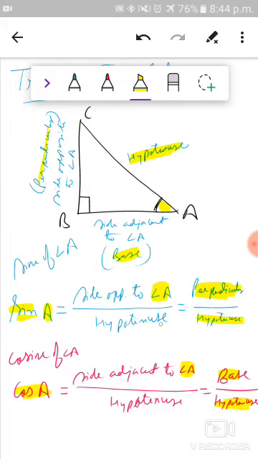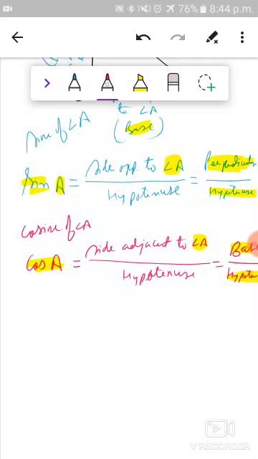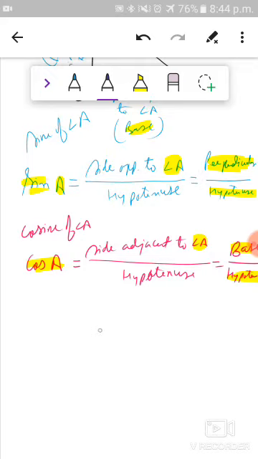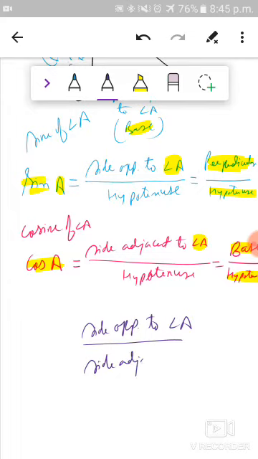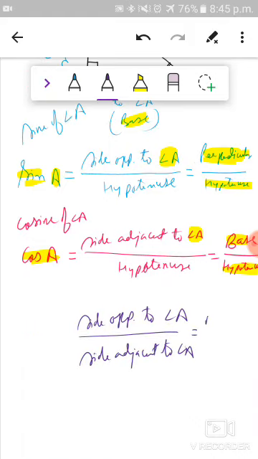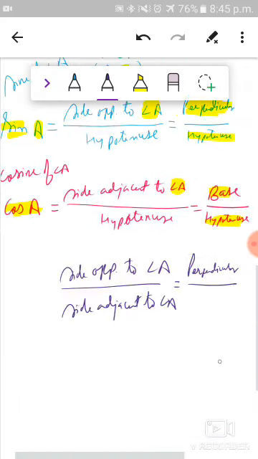Now I am going to take the side opposite to angle A and the side adjacent to angle A. The side opposite to angle A is called perpendicular, and the side adjacent to angle A is called base.